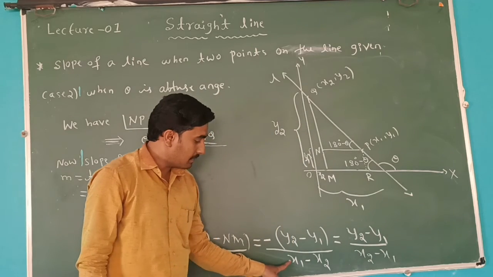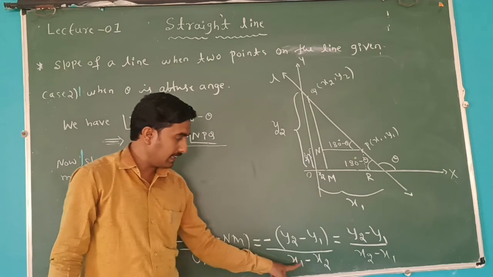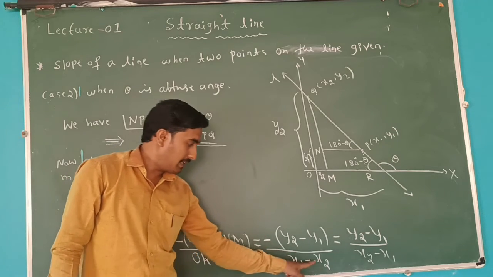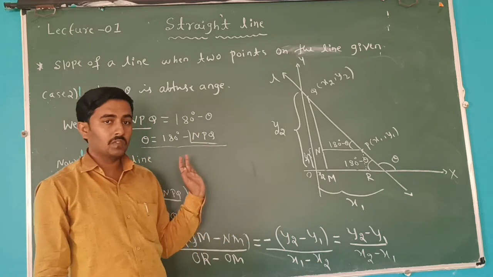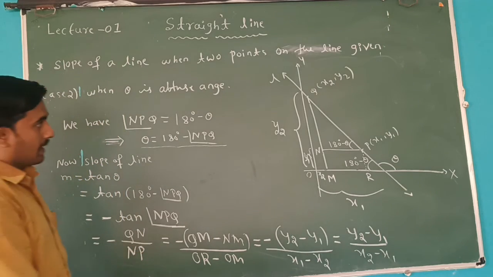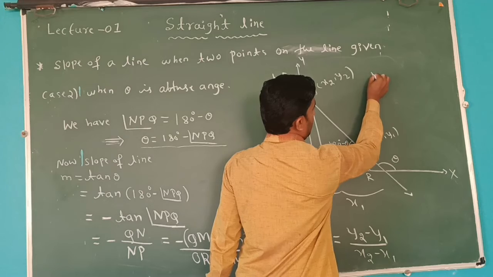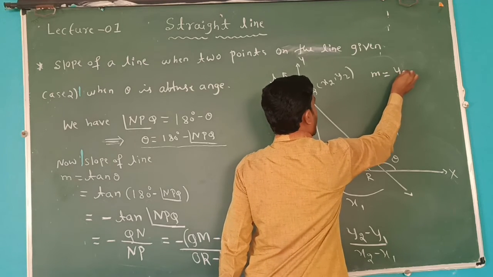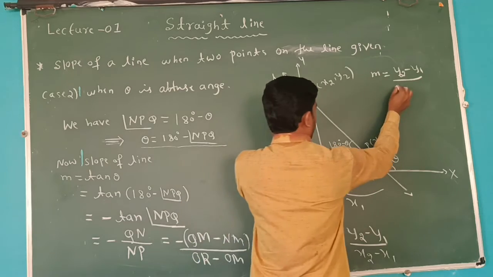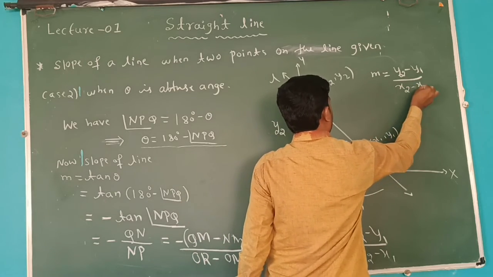Then the minus gets cancelled because we are taking the common minus here, and this becomes x2 minus x1. So this is nothing but the slope of the line. Finally we have m equal to y2 minus y1 divided by x2 minus x1.